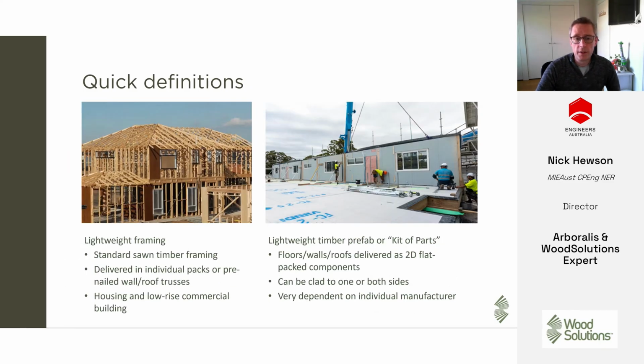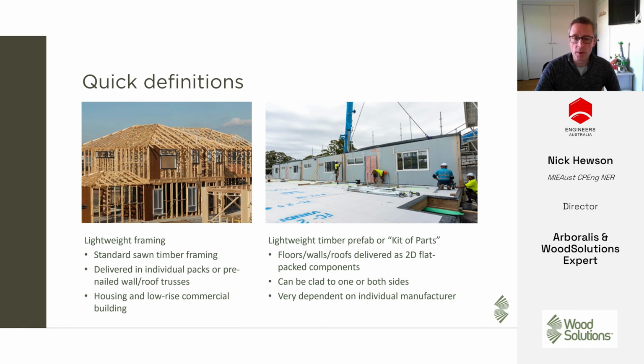And then when you look at your traditional timber, what a lot of lay people in Australia would understand by timber construction is your lightweight framing. So standard sawn timber delivered in individual packs, or pre-nailed wall trusses and roof trusses, and that's primarily used in Australia for housing or low-rise commercial.